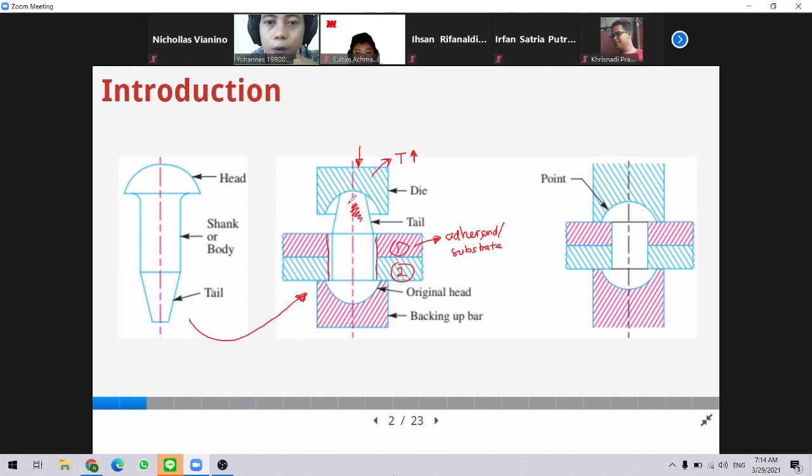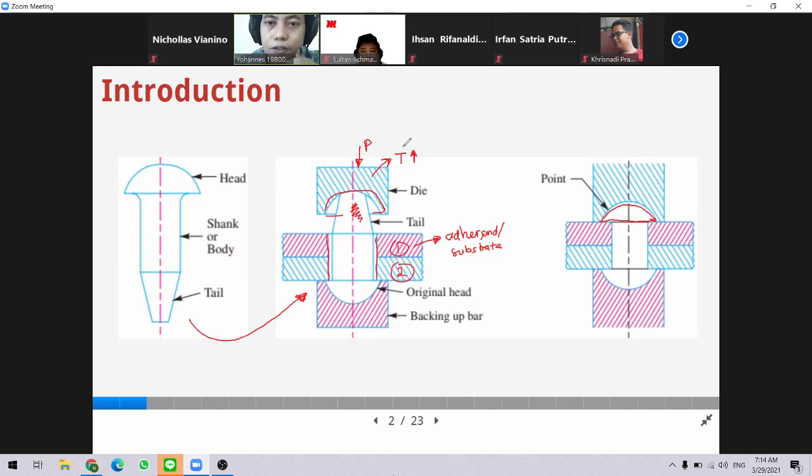When the tail is melting because it is heated and you push with pressure on the die, it will form the tail following the shape of the die.